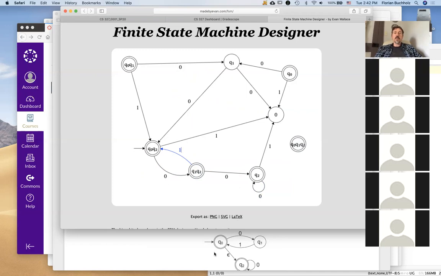So now we need to regard all 3 states and see, where do we go on a 0? Well, we have a 0 transition here to Q1 and 1 to Q2. Oh, sorry. This one was on a 0, we go to Q1 and Q2.